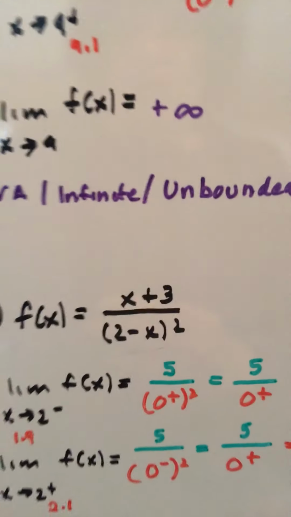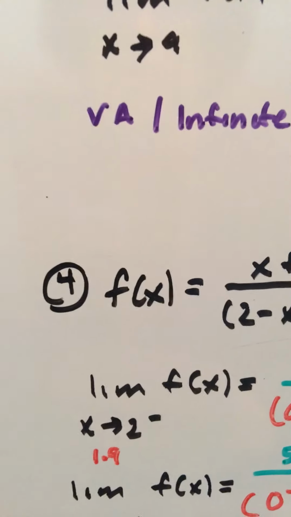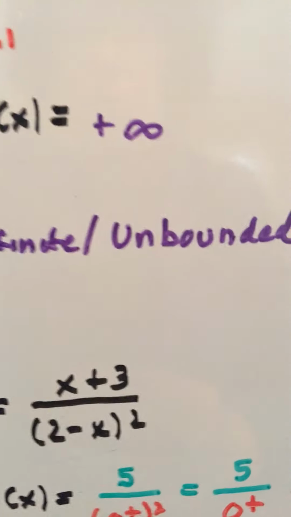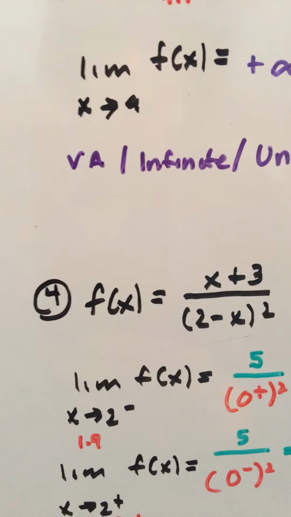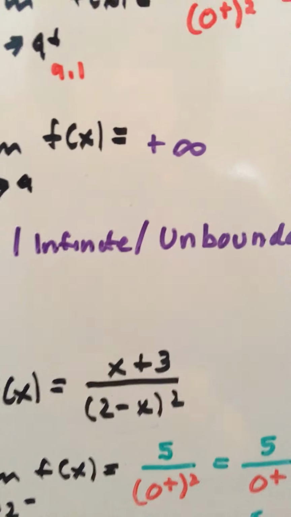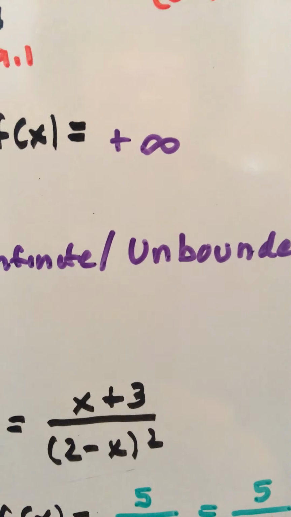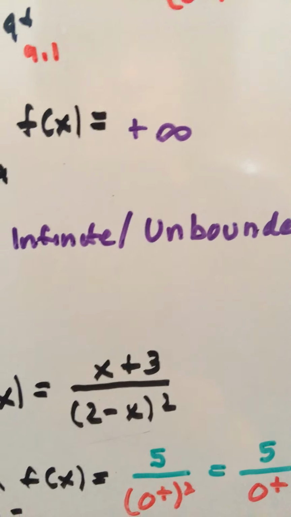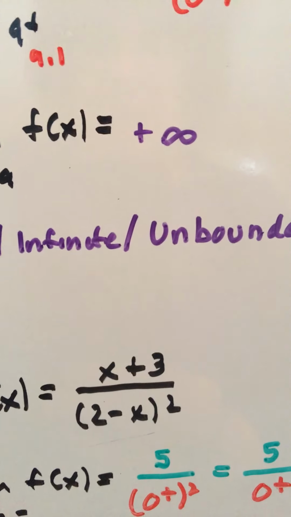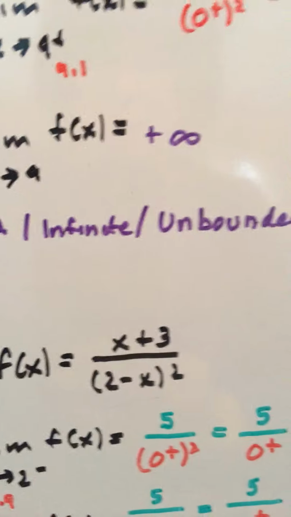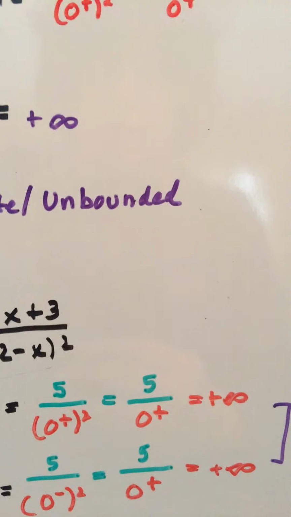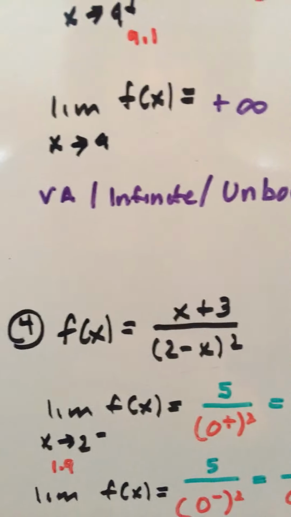Going to the next question, approaching 2. The first thing I do is insert the 2. I have 5 over 0. So from the left, 1.9 from 2 is going to be a positive number. And a positive squared is positive, and positive over positive is positive infinity.